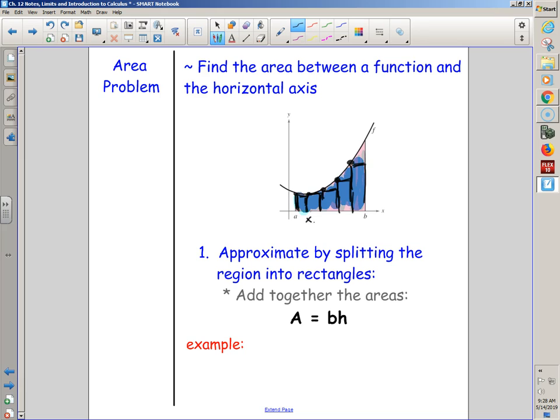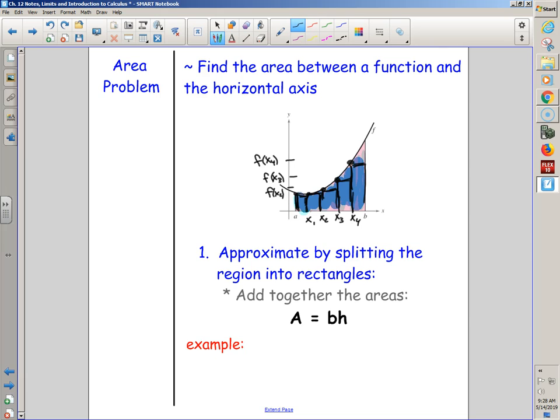We could call that like x1 and x2 and x3 and x4. It's going to go up and hit the curve, and when it goes up, what height does it go up to? The y. That's f of x4, f of x3, f of x2, etc. We can keep on going down.